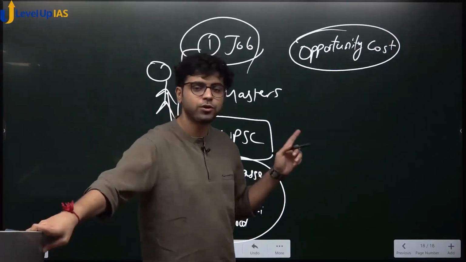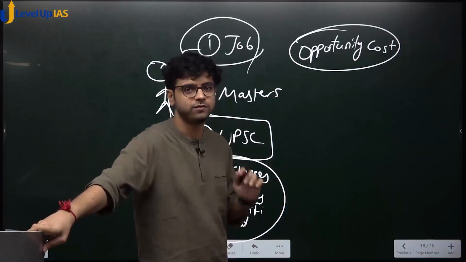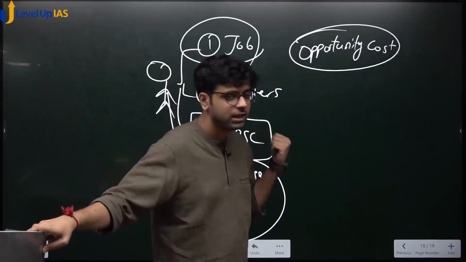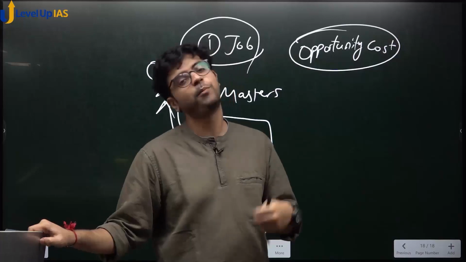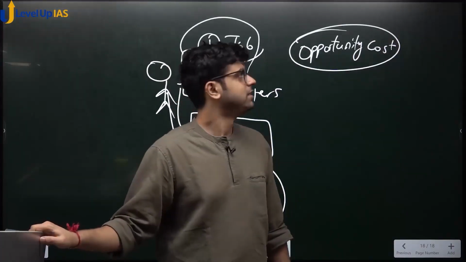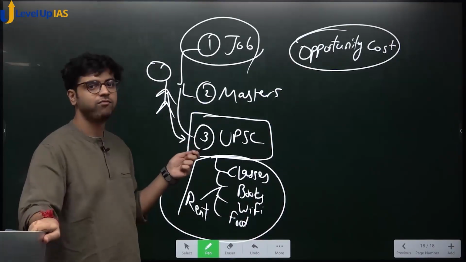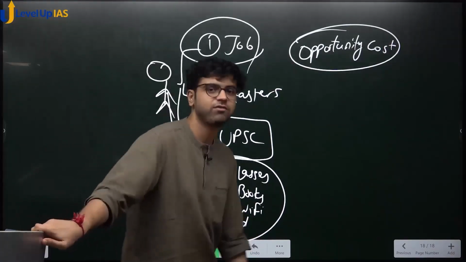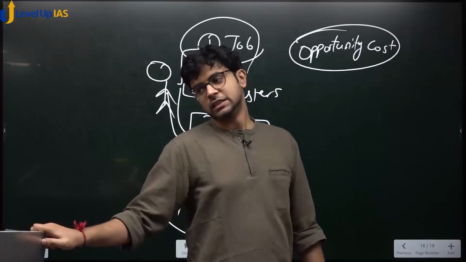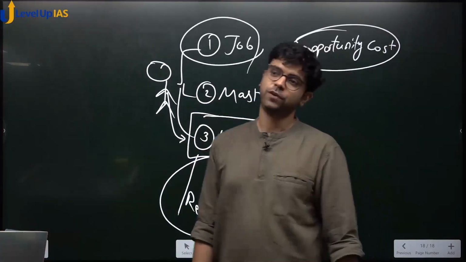The cost of opportunity lost is opportunity cost. Wah wah sir, what a line! The cost of opportunity lost is opportunity cost. Okay? The cost of pursuing one alternative, when you give up another alternative, becomes your opportunity cost.